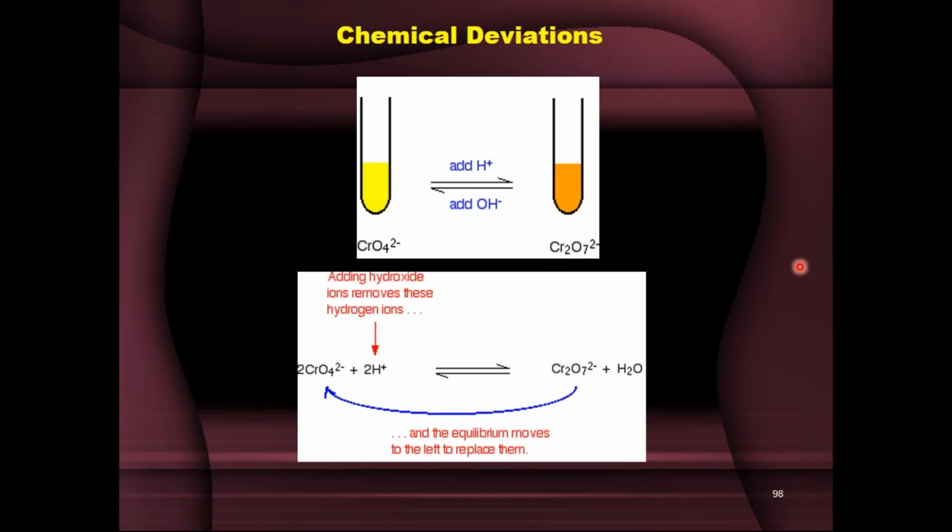Now, if you have all solutions orange only, you will choose the lambda max of orange color and go ahead with your experiment. If you have all solutions of yellow color, you will choose the lambda max of yellow color and go ahead with measuring absorbance of all your standard solutions. But if you have both, some are yellow, some are orange, you will not be able to choose any one wavelength.